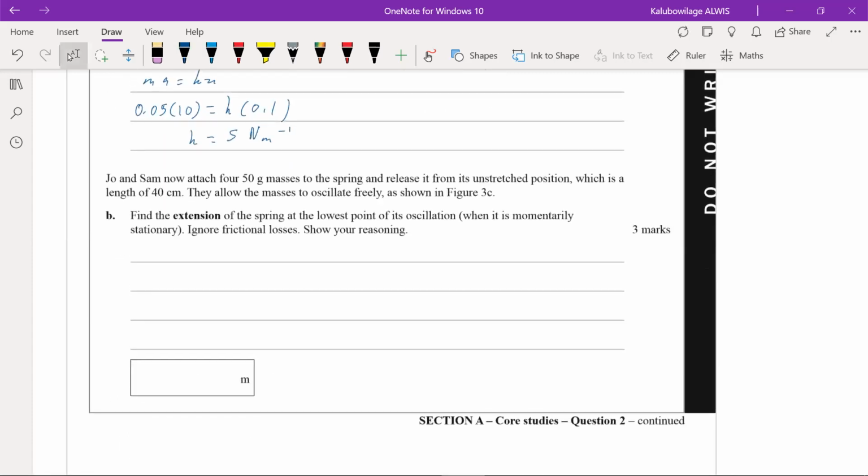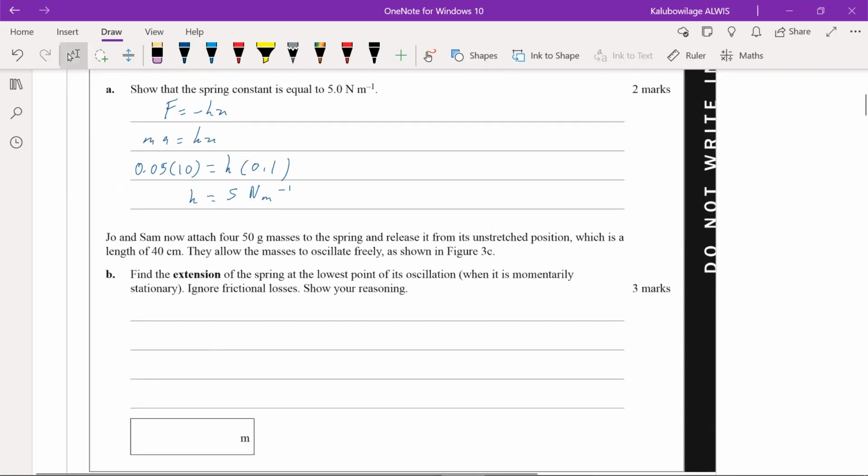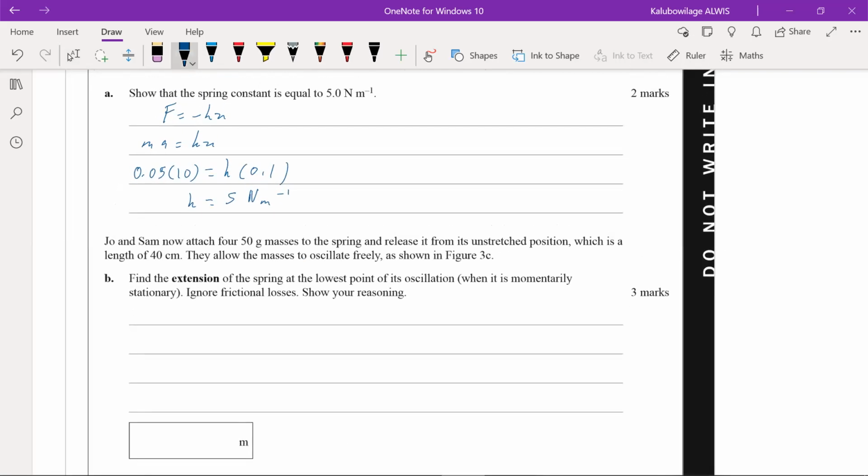For this one, there's a variety of methods to do it, but I'll just go with the first one. We can find the midpoint again using F equals kx. The mass is 50 grams, so 0.2 kilograms, times 10 for the acceleration.